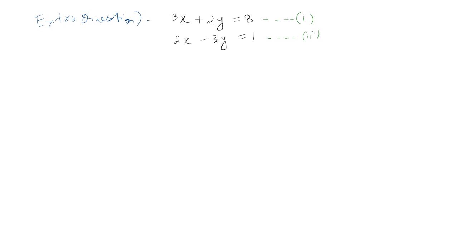Now, here I will take the coefficient of y and make them equal. In the last question I took the coefficient of x and we made it equal. Now I'll take the coefficient of y. Here it is 3, don't take the minus 3, take the positive value. I'll multiply the first equation all by 3, and the second equation all by 2.